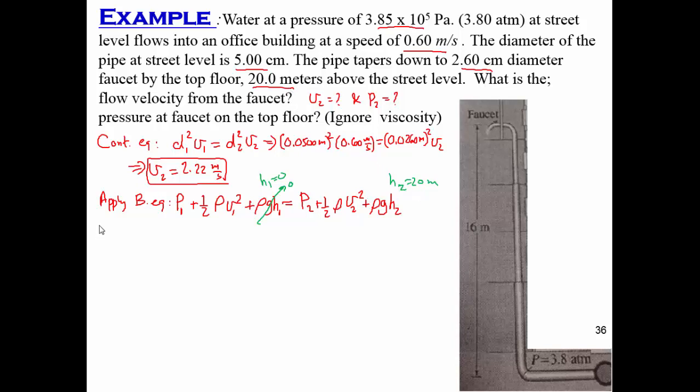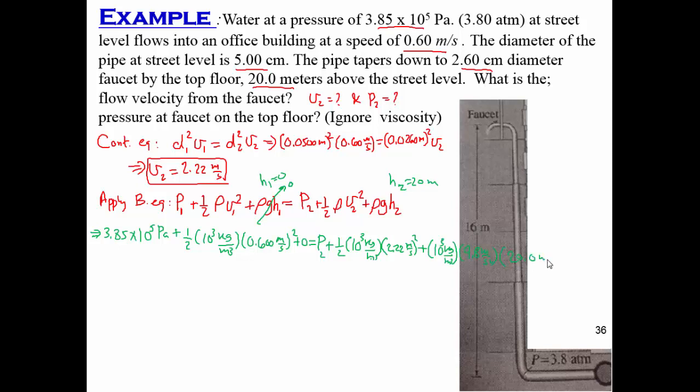So now we can go ahead and plug in the values. P1 is 3.85 times 10 to the power 5 Pascal, plus 1/2 the density of the water, which is 10 to the power 3 kilograms per cubic meter, times 0.6 squared, plus 0, equal to P2 plus 1/2 the density times the velocity squared plus the density times the acceleration due to gravity times the elevation, which is 20 meters.